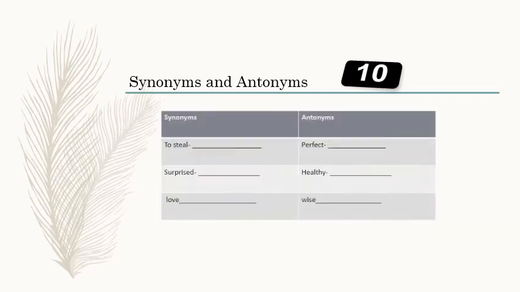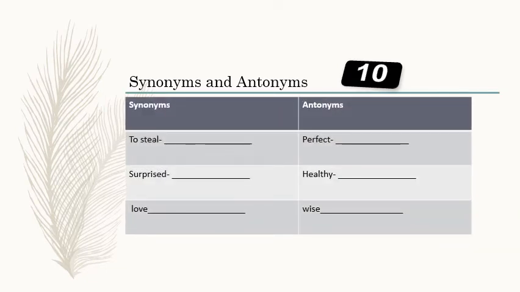You are getting 10 seconds for that. So get ready with your pen and notebook. Here you have to find out the synonyms and antonyms of the following words. So your time starts now. Get fast, all of you. Simply make 2 columns and write the answers.